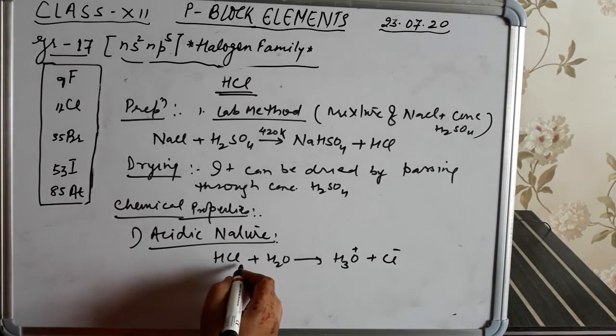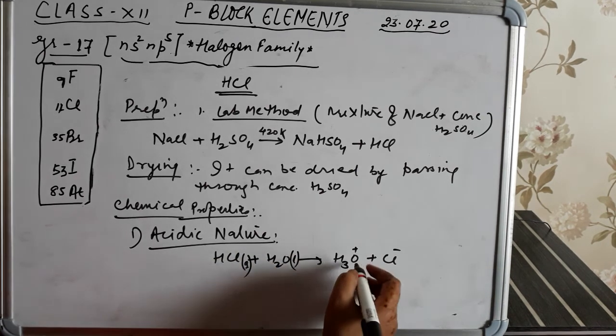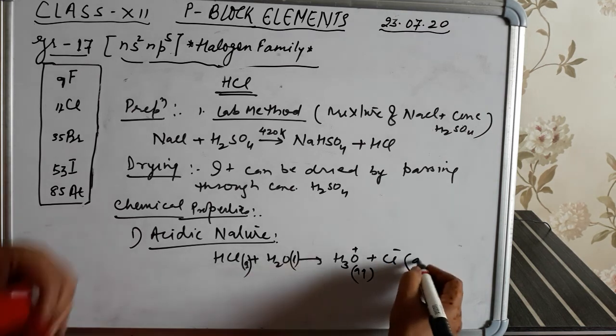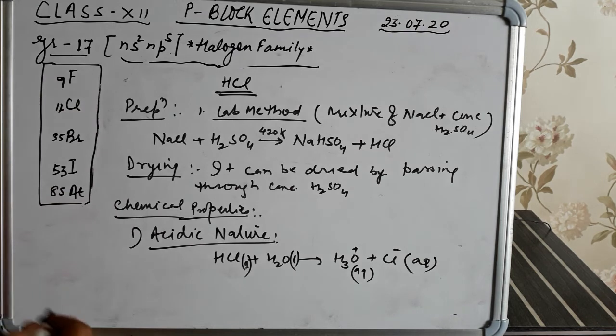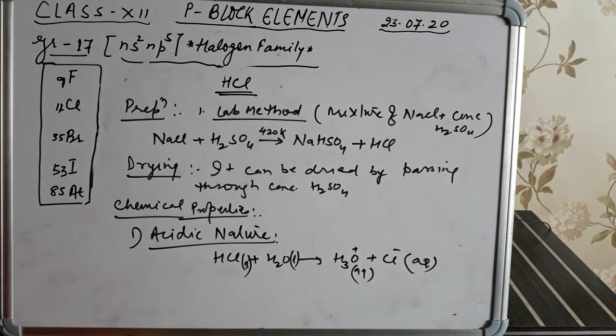HCl is a gas, H2O is a liquid, and hydronium ion and chloride ion form in aqueous state. The high value of dissociation constant indicates that it is a strong acid in water.